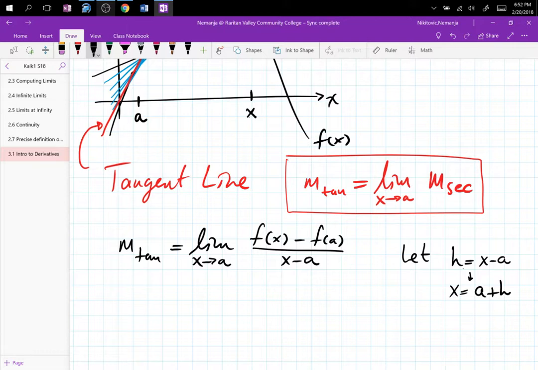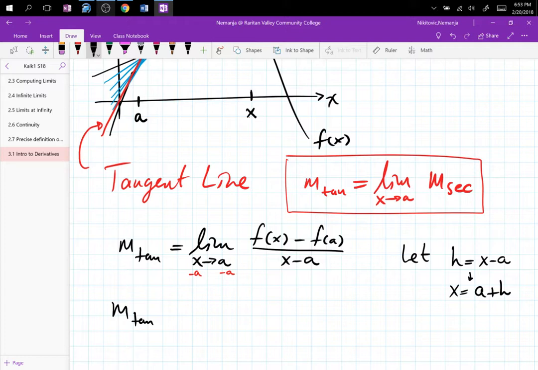Now look at these little clever things over here. You subtract a on both sides. You know that this whole thing is already h, and you can replace this x over here with a plus h. So we're good. We can kill all x's that way. So let's do it. Subtract a on both sides.